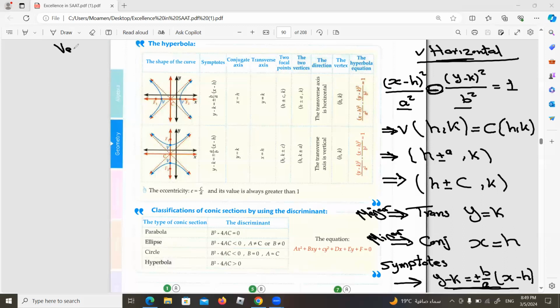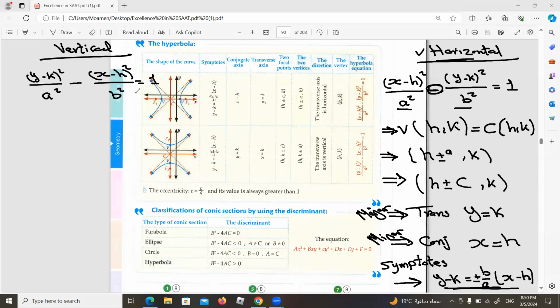In the vertical hyperbola, we have the equation. You said, Mister, if you start by x, it's horizontal, so if you start by y, it's vertical. y minus k all power 2 over a power 2, we don't change the place of a, minus x minus h all power 2 over b power 2 equals 1.